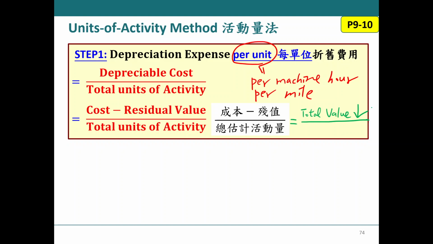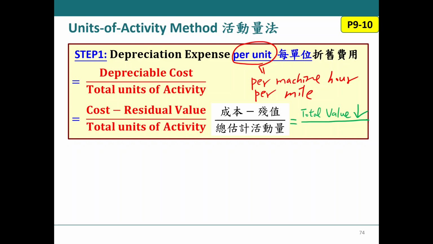And for the total value decrease, because how many units you use it, right? So the difference, not years. Right now, step one, the difference is we use total unit: how many machine hours, how many miles we used.